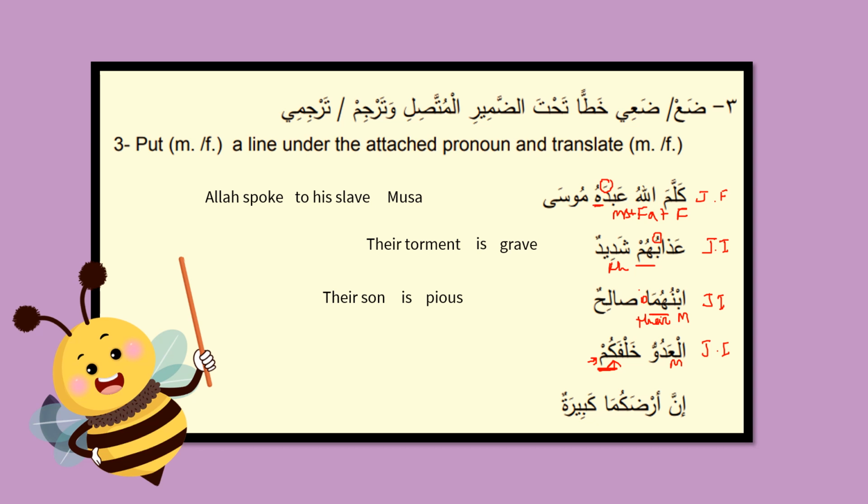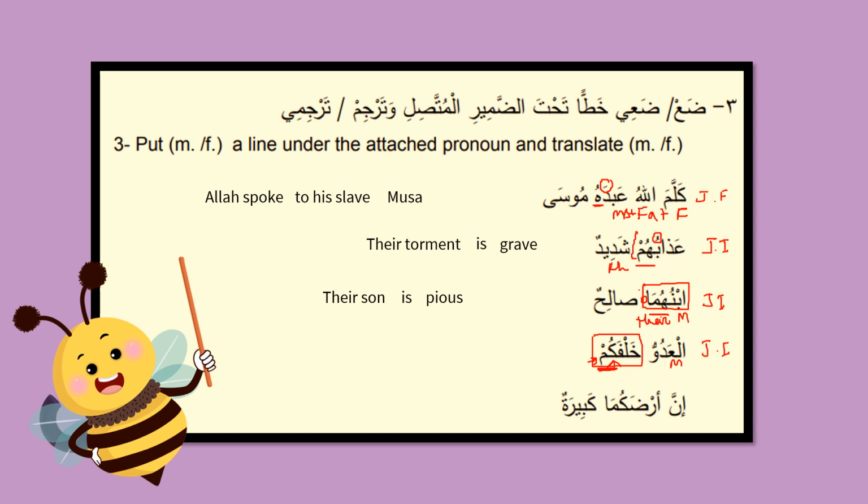Remember in our eraab lesson, after the zarf, whatever comes is in mudaf ilayhi position, whether it is a noun or a pronoun. So all together khalfakum is an idafa. Similarly, ibnuhuma all together is an idafa.